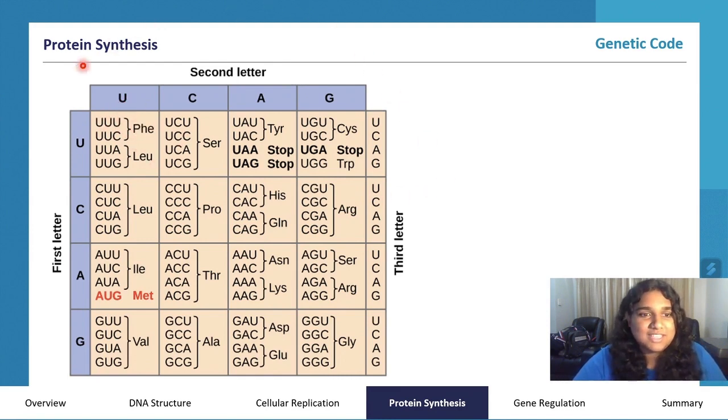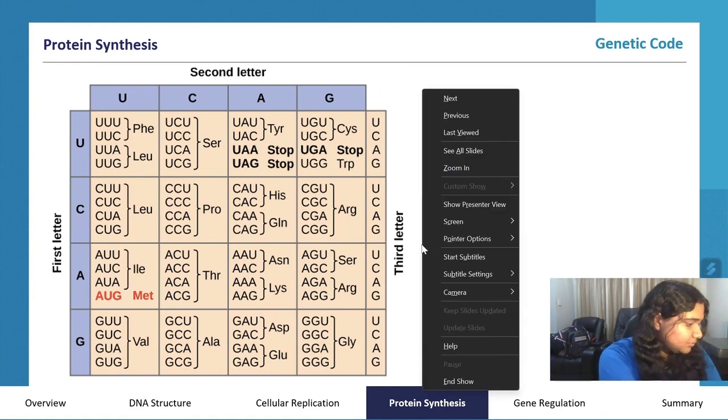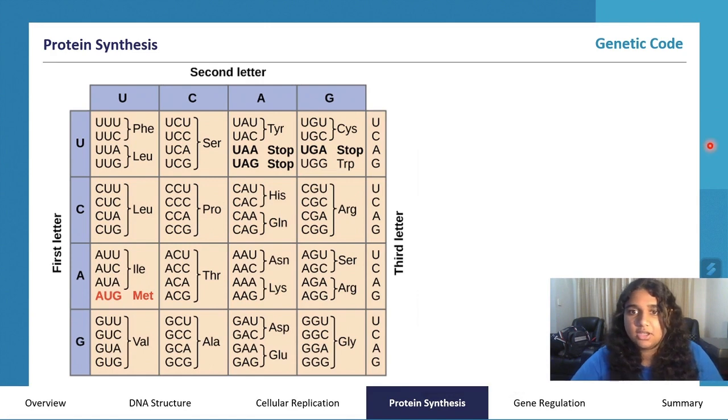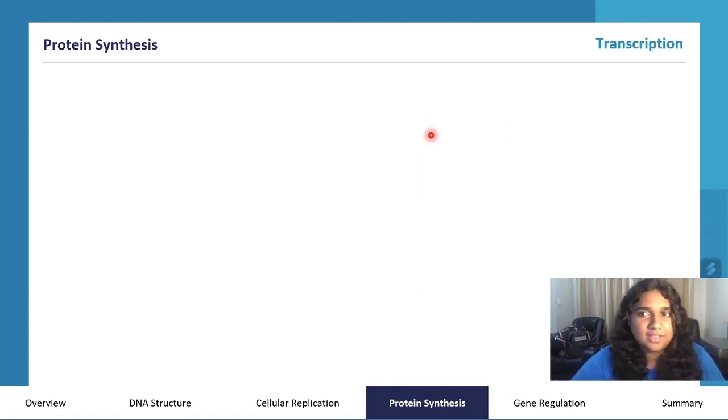You'll be given this table in any exam questions relating to protein synthesis if you need to get the amino acid chain that is produced at the end of the process using this particular table right here. I'm not going to dwell too much on this, but this is something that you will need to get acquainted with quite quickly.